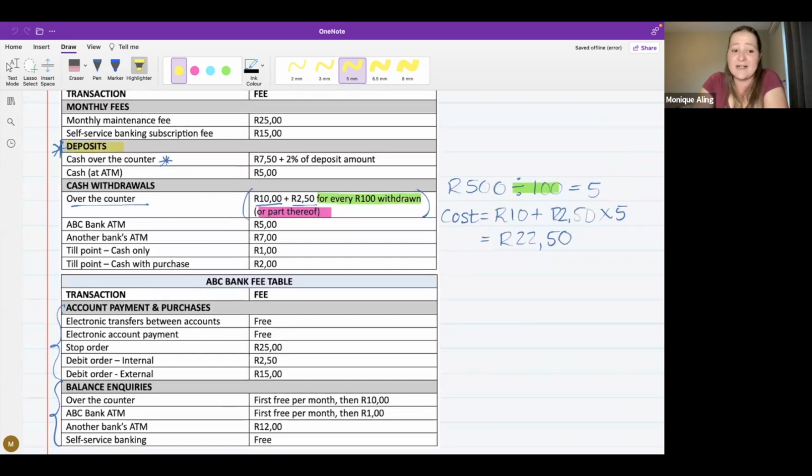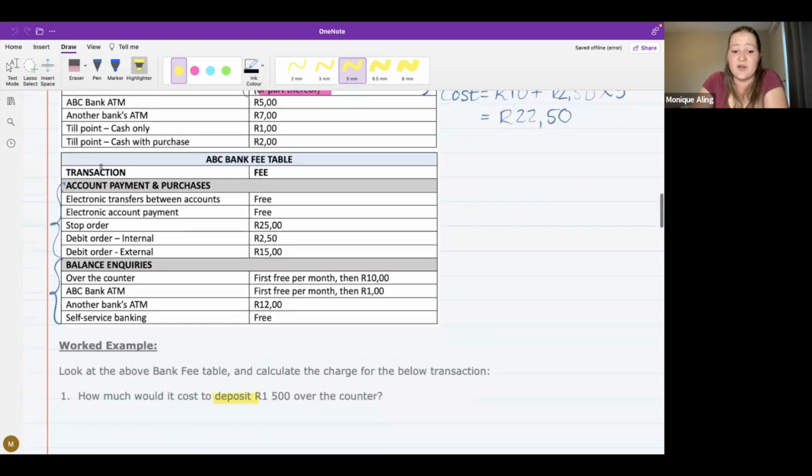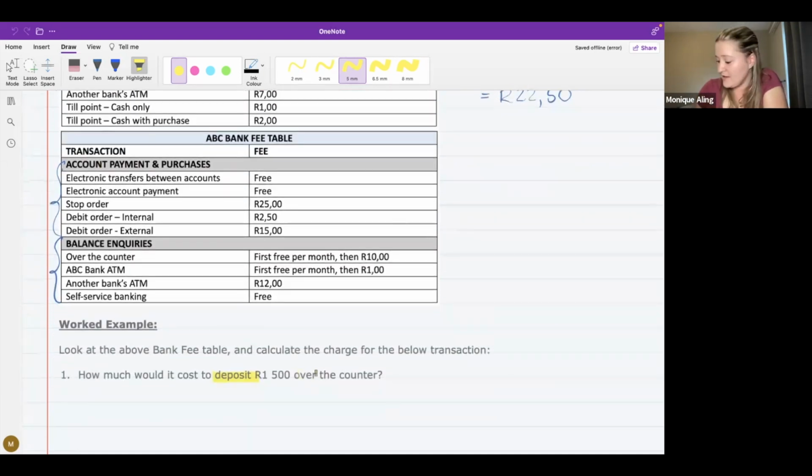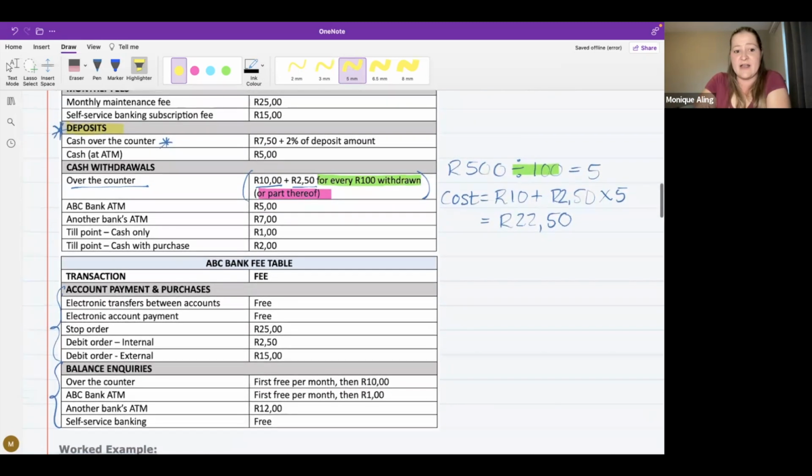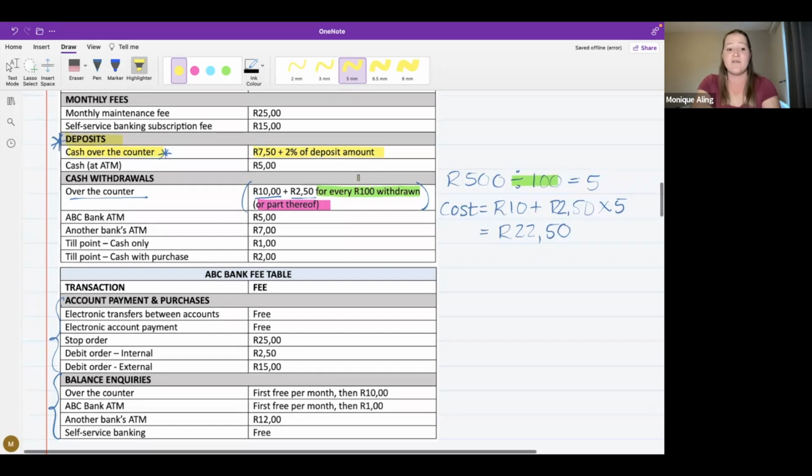Then we look at what kind of deposit. In the question, it says over the counter. So we go back and we look specifically at cash over the counter, which is this part over here. So that's basically telling us how they work out the charge. So everything is here for us.